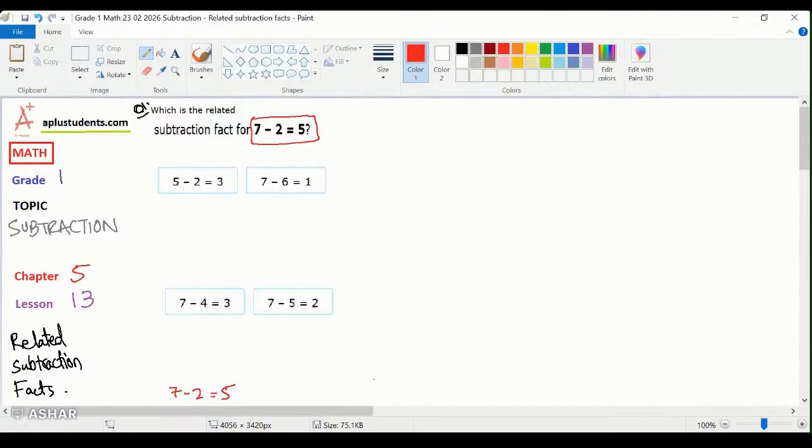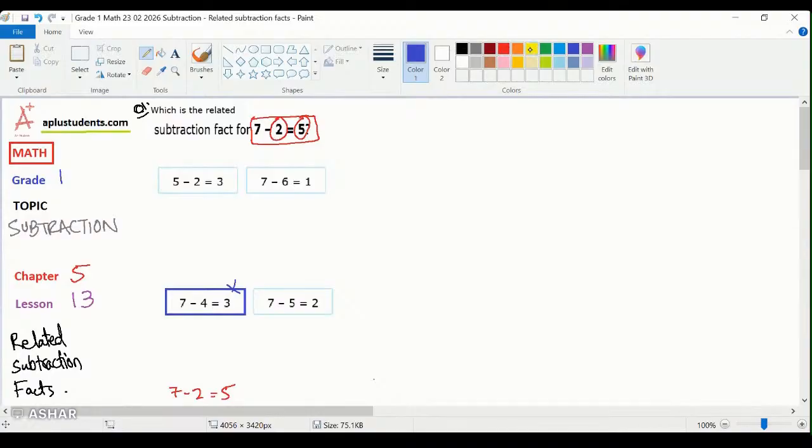But if we look at all the options over here, let's start off with the option which would not be correct. We don't need 7 minus 4, right? Because over here only two options are answers, 2 and 5. That means this is incorrect.